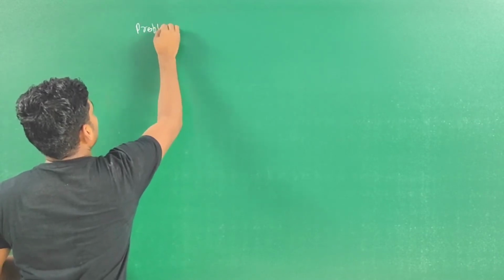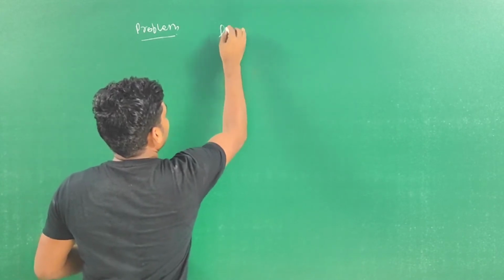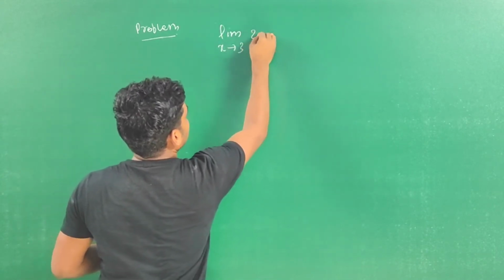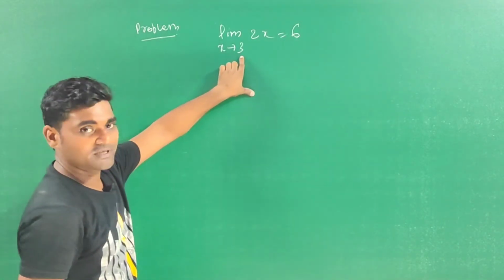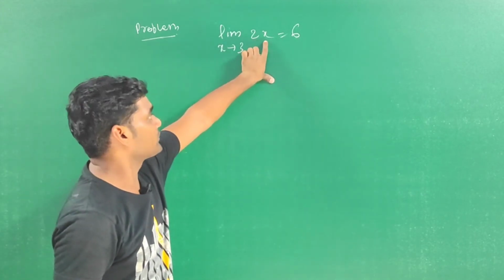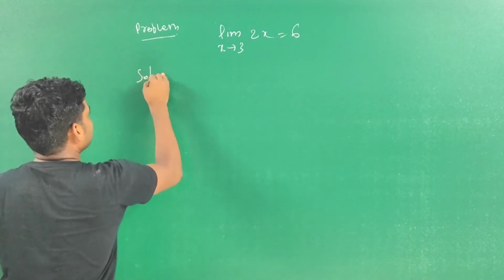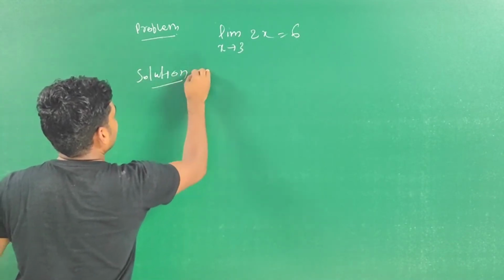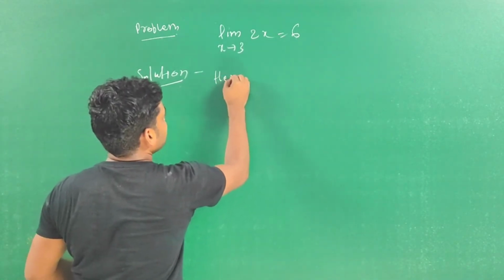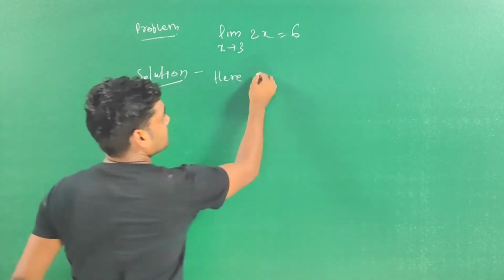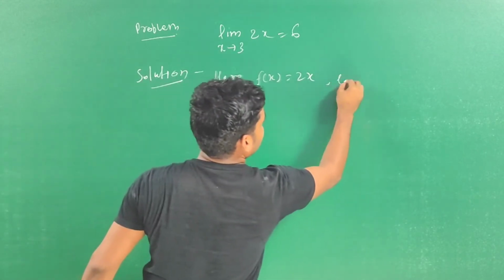Problem. Suppose we have the limit x going to 3 of 2x equal to 6. We have to prove that when x goes to 3, the value of 2x, that is the function, equals L. Here in this problem, f(x) equals 2x and L is 6.